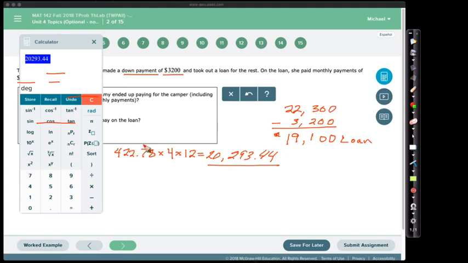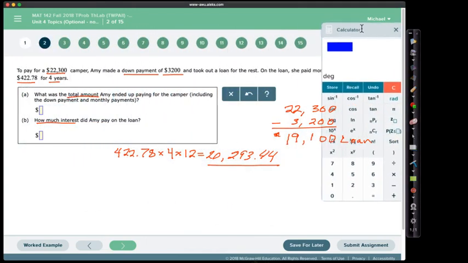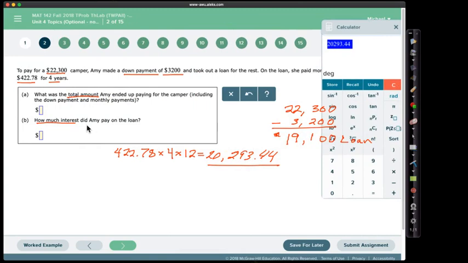To get the answer to the second question, how much interest? Well, the interest is the difference between what she repaid on the loan and the total of the payments. The reason this is 20,000 instead of 19,000 is that it includes the 19,000 and the interest.